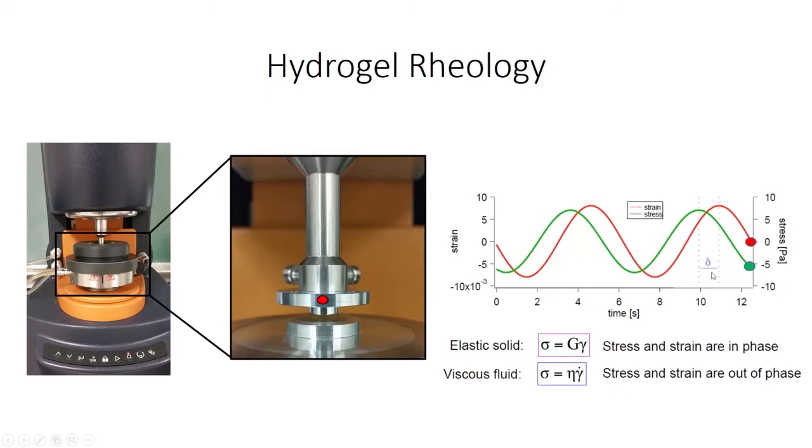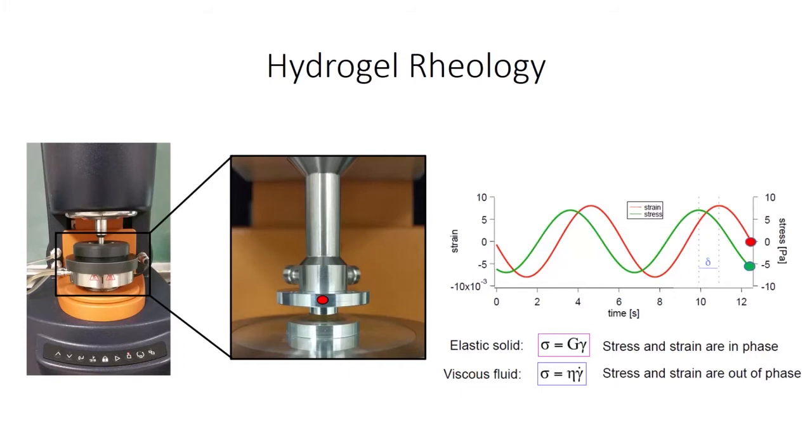Now the delay in this stress response indicates how elastic or viscous your material is. So when the stress and strain are in phase, when there's no delay or lag between the strain being applied and the stress responding, then you can say you have a completely elastic solid, so like a rock or a piece of metal or something like that.